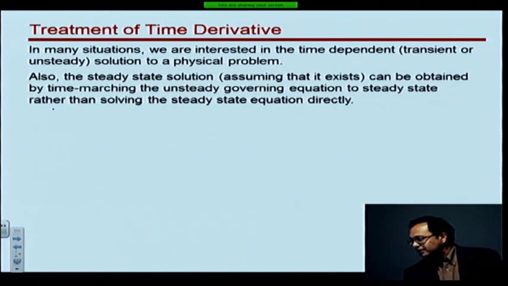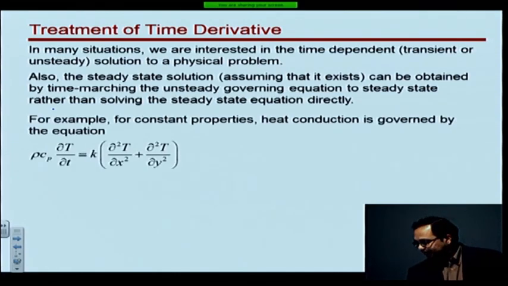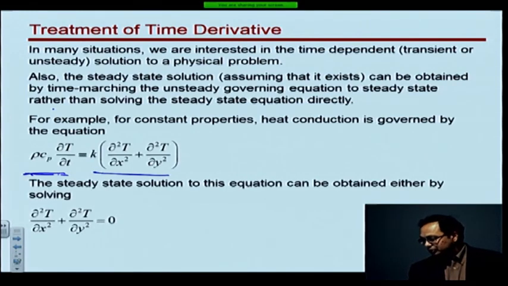So there are two ways to obtain the steady-state solution. Suppose I take a heat conduction equation. This is your unsteady transient term, storage term. This is your conduction term. You can solve the steady-state problem two different ways.